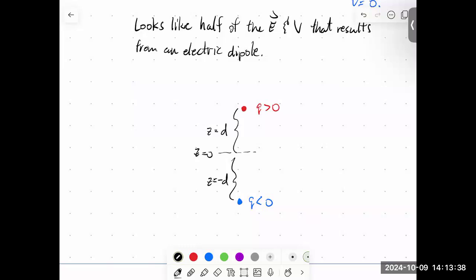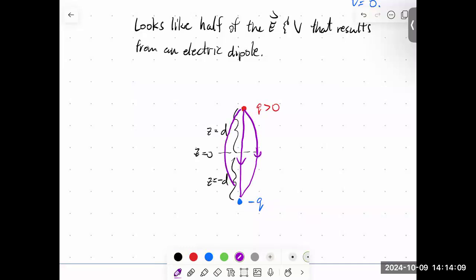All right. And so I want to draw the electric fields that we would get. Instead of saying a negative Q less than 0, I'm going to say it's exactly the negative of the red charge. Okay. Well, for a dipole, electric fields are going to point from the positive to the negative, and they're going to do this kind of thing.